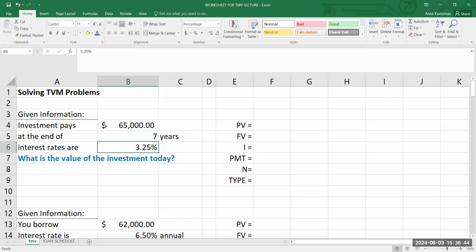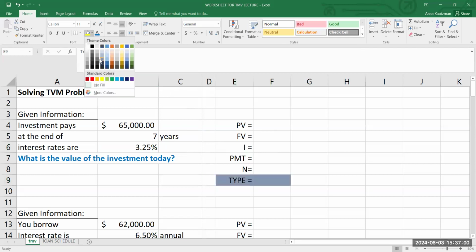So we're going to take our given information and fill in our time value of money variables. For most purposes, unless it's a series of payments, we don't need the type. That refers specifically to when payments are made. So I'm just going to black that out for us.